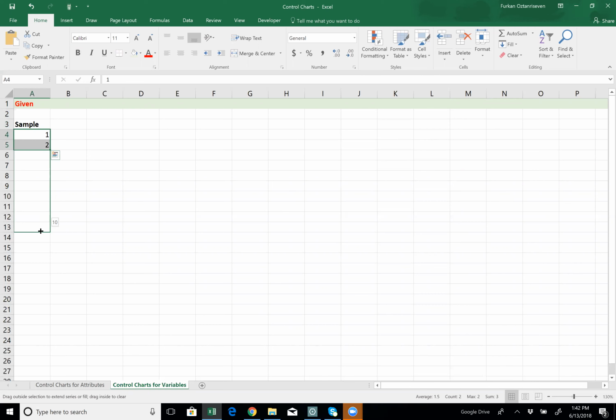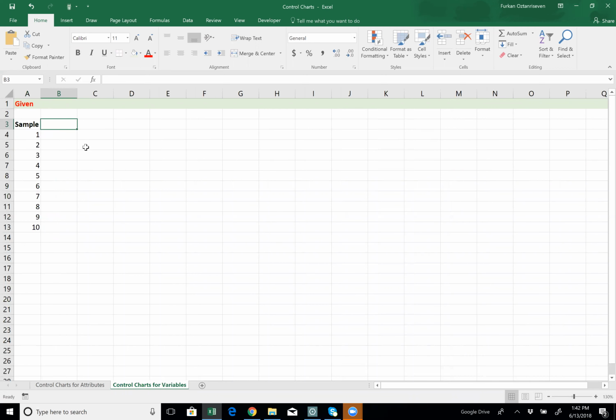Let's say you randomly take 10 samples, and in each sample you have a sample size of 5 venti coffees. You measure the amount of coffee in each, and because of the iced coffee ratio, you get different numbers.